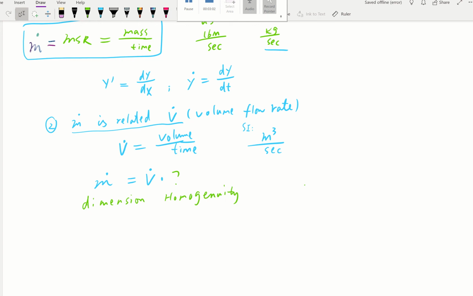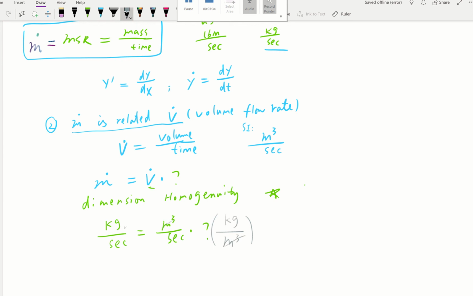We actually use dimensional homogeneity quite often in engineering problems. So here is an example. Mass flow rate, we already know, is kilogram per second. And volume flow rate is meter cubed per second. So what will this unknown be? It has to be something that, times meter cubed, gets rid of meter cubed and gives us kilogram.